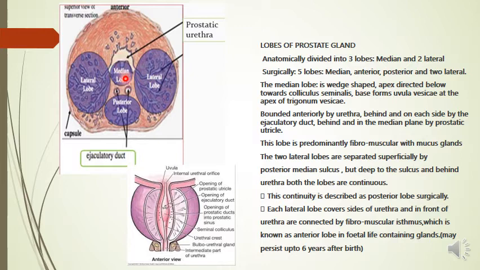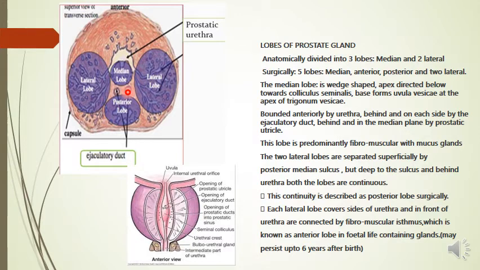Then the median lobe is bounded anteriorly by the urethra, behind and on each side by the ejaculatory ducts. So this is the anterior part. So anteriorly it is bounded by the urethra here. This is the prostatic urethra, median lobe, and posteriorly it is related to the ejaculatory ducts here in the median plane.